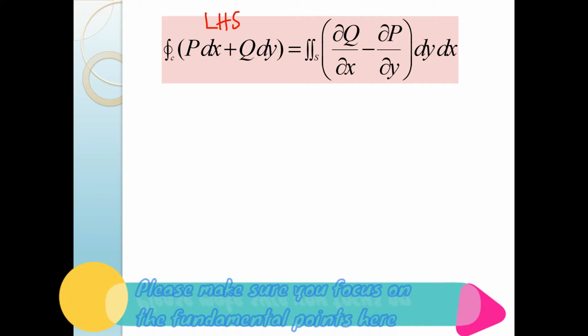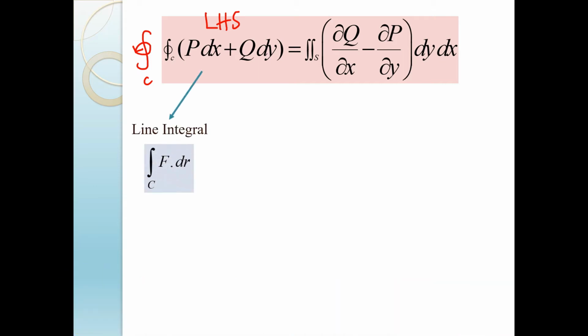You can see this C means the curve, and this symbol means that the curve has to be a closed curve. And some books have an arrow here, because they want to show that the curve has to be counterclockwise. Alright, so P dx plus Q dy is actually based on the line integral F dot dr.